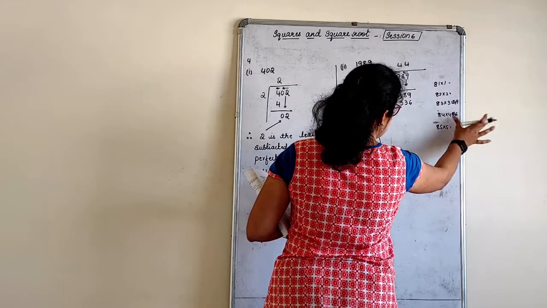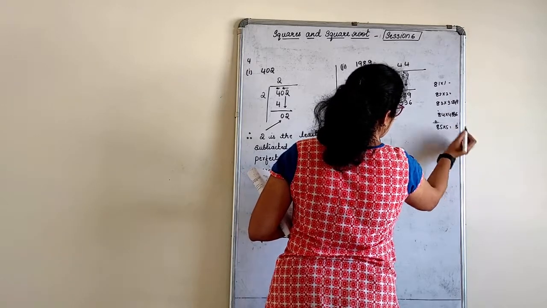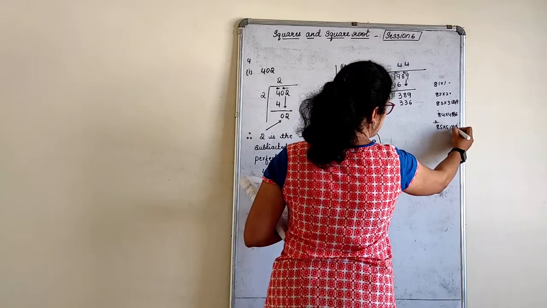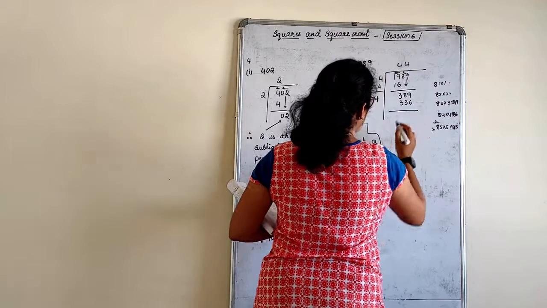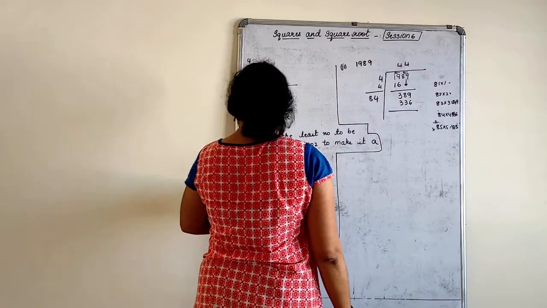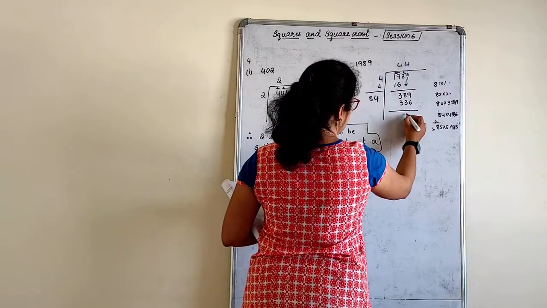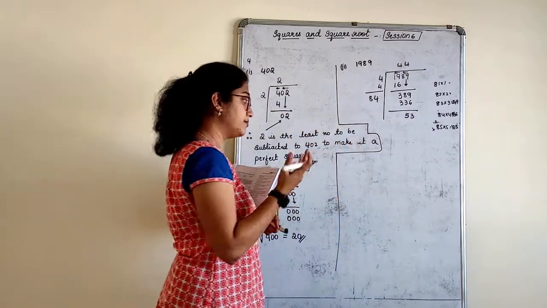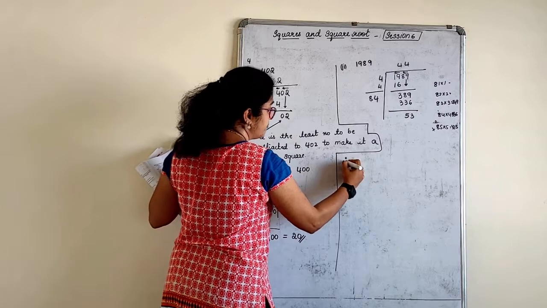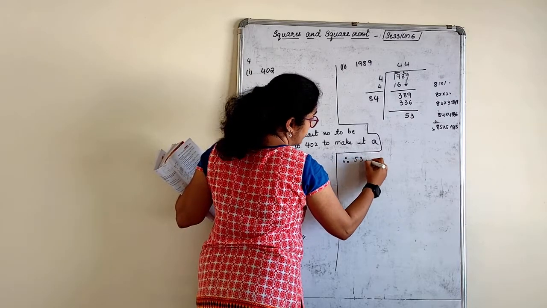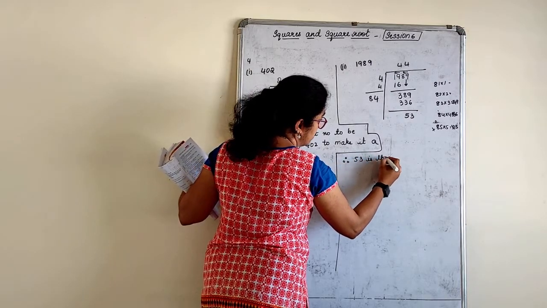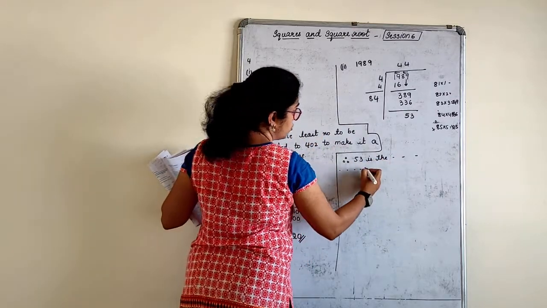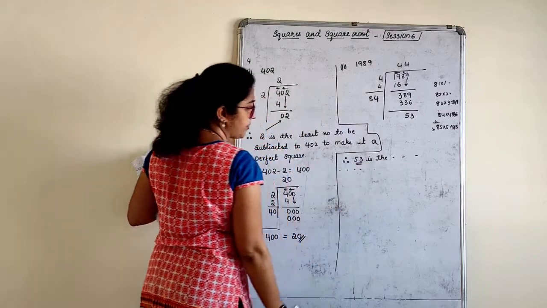Sorry, 5 5s is 25. So 8 5s is 40, 40 and 2 will give you 42. So we cannot do this. So this is the only number. So 389 minus 36, when you subtract this you get 53. 53 further you can't do anything. Done. Therefore 53 is the least number to be subtracted to make it a perfect square. Write the statement.